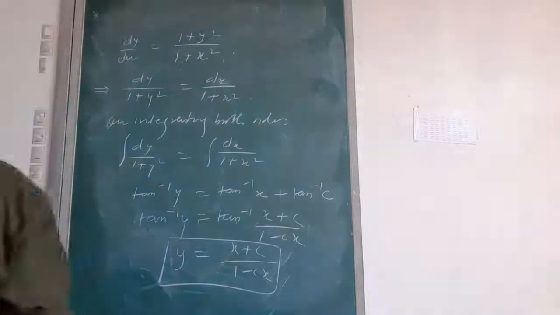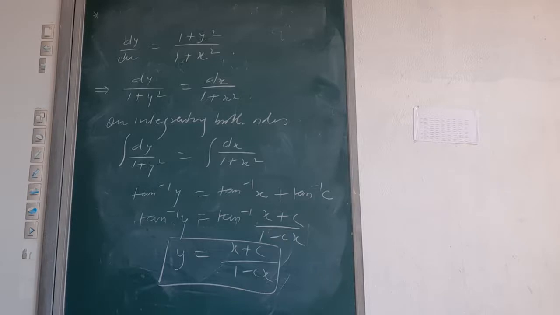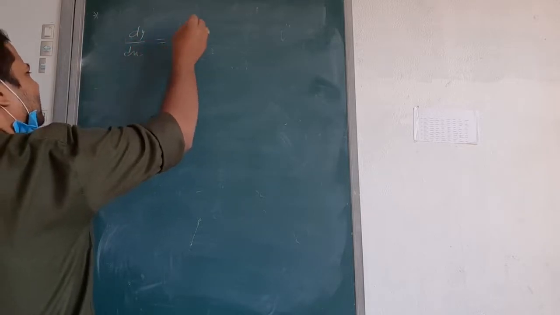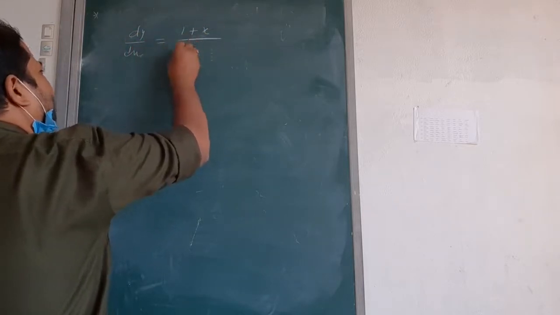Now say another one. Tell me any other question. dy by dx is equal to (1 plus x) upon (2 minus y).